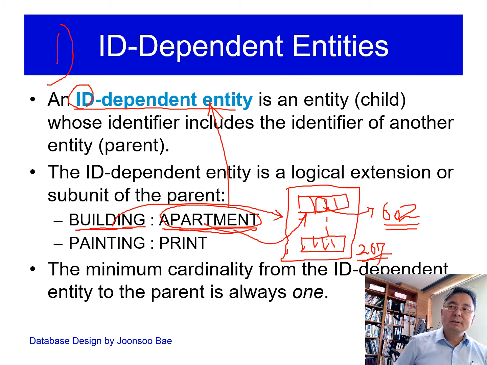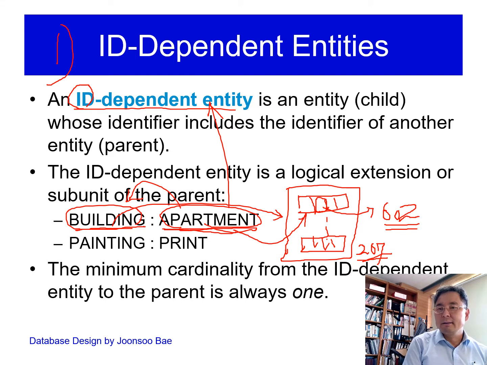Yes. So this apartment entity cannot exist by itself. In order for an apartment to exist, it necessarily needs a building entity. So this apartment depends on the building, and is called an ID dependent entity.